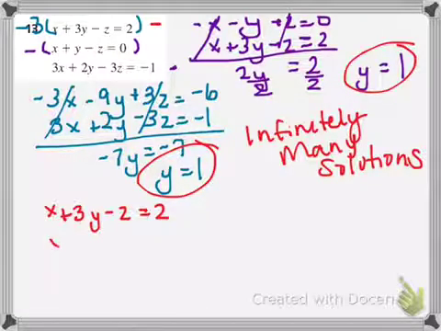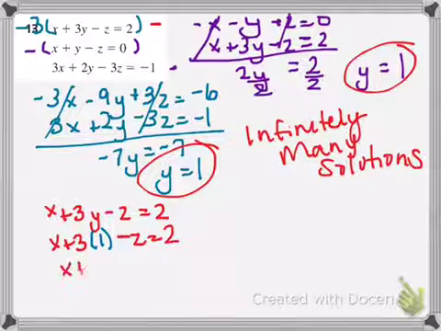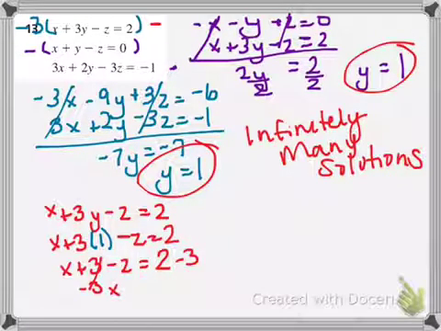And so I have x plus 3 times 1 minus z equals 2. So I get x plus 3 minus z equals 2. Subtract 3 from both sides. I get x minus z equals negative 1.